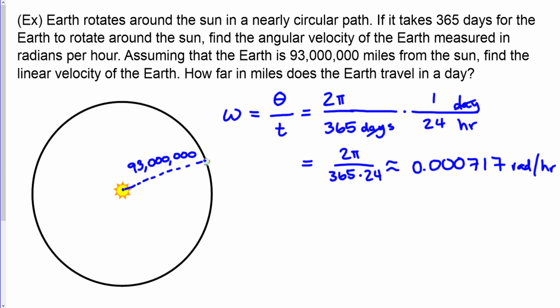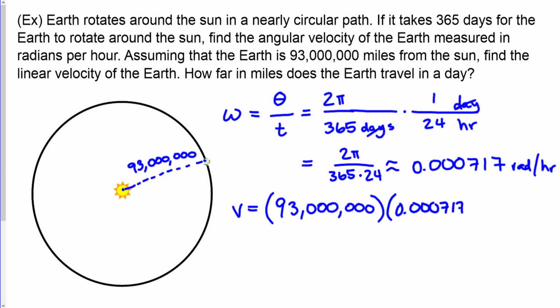Now, the linear velocity of the Earth, so how fast it's traveling in miles per hour. So it's going to be the radius, so 93 million, and that's in miles, so that's the unit that we want in the end, and it's going to be multiplied by 0.000717 radians per hour.